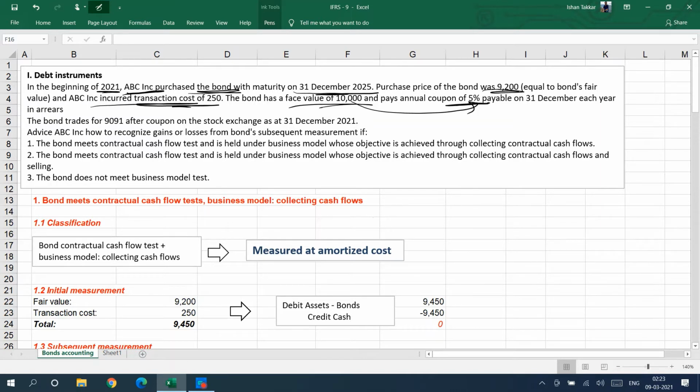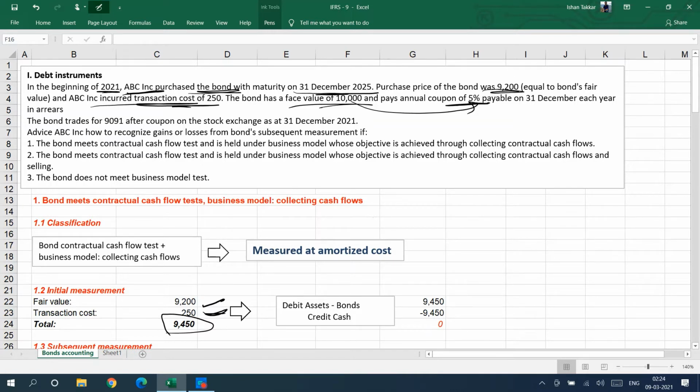Mark my words, every asset at the initial recognition is measured at fair value. So what is the fair value? The value which we have invested. In 2021, we have invested 9,200 for the bond and we have incurred 250 as transaction cost. So we have spent 9450. You spent 9450 for the bond.